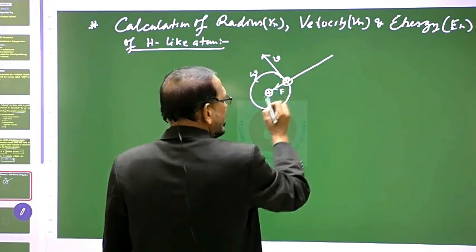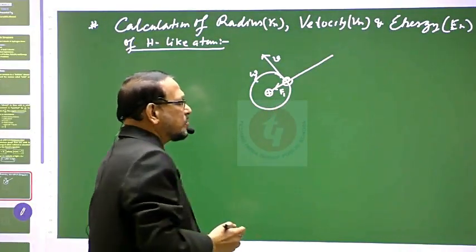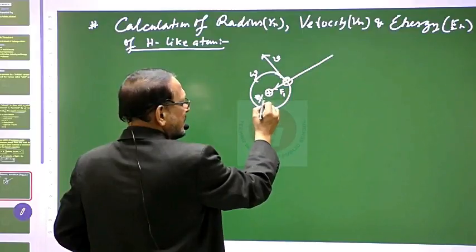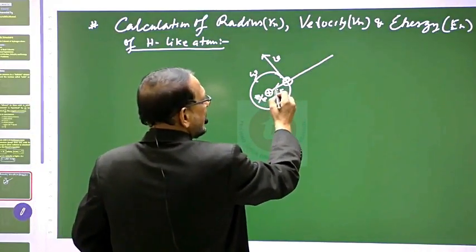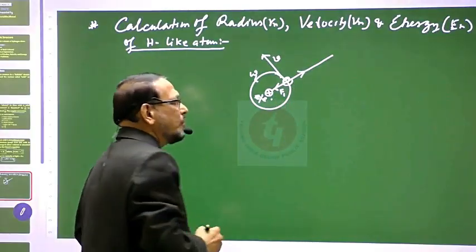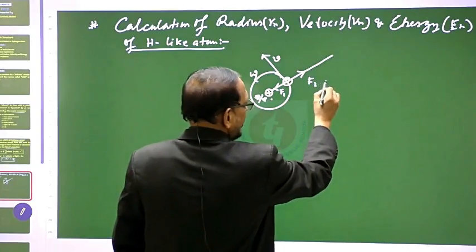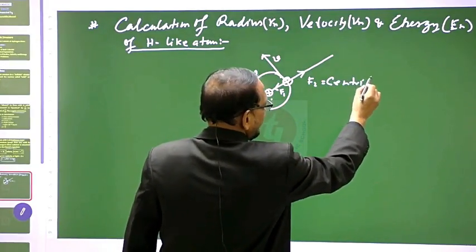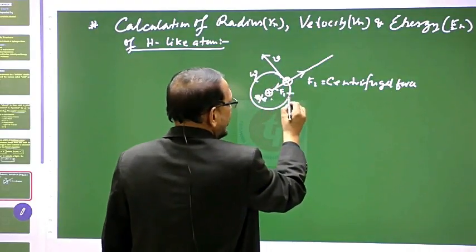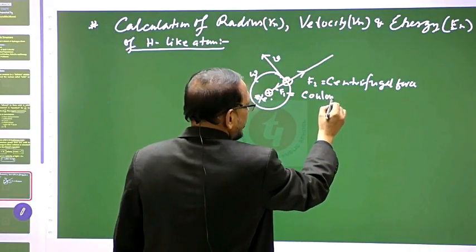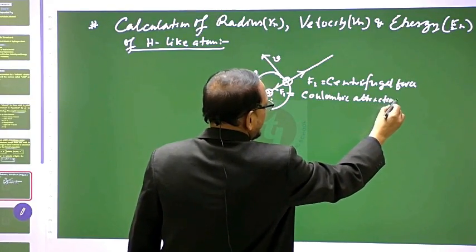It has one inward force, that is F1, because of the positively charged nucleus and the negatively charged electron attracting, and there is also an outward force, that is the centrifugal force F2. F1 is the attractive force.